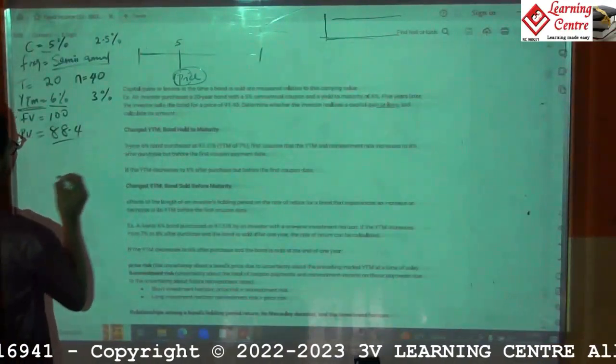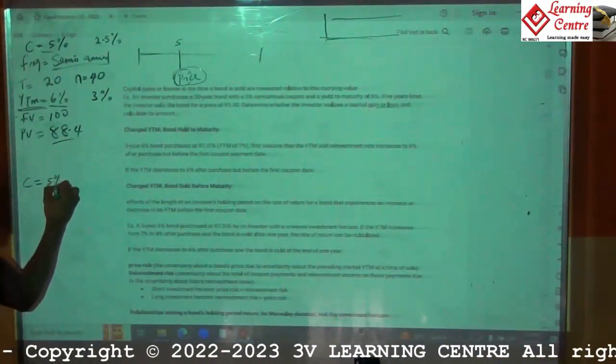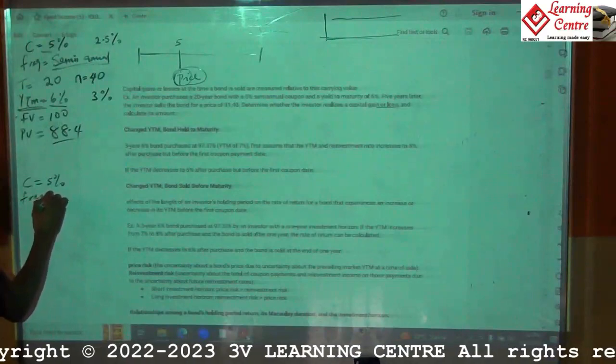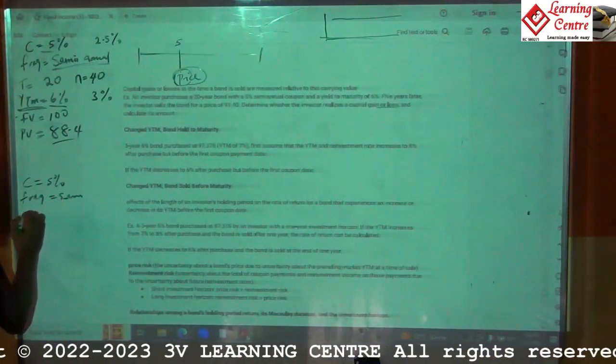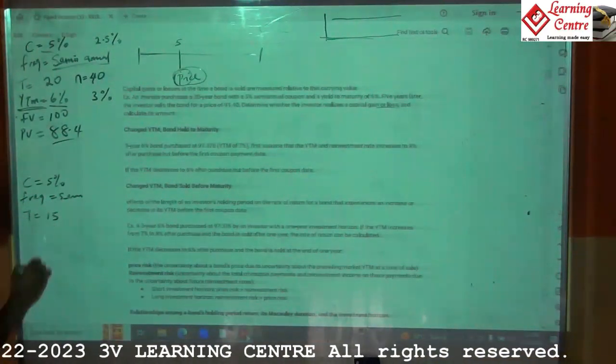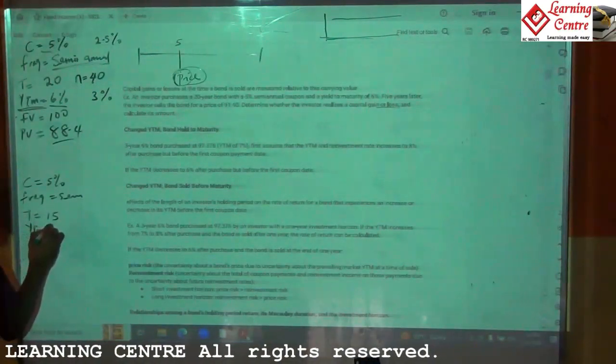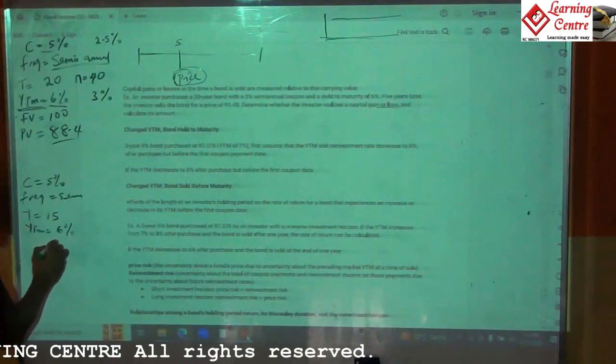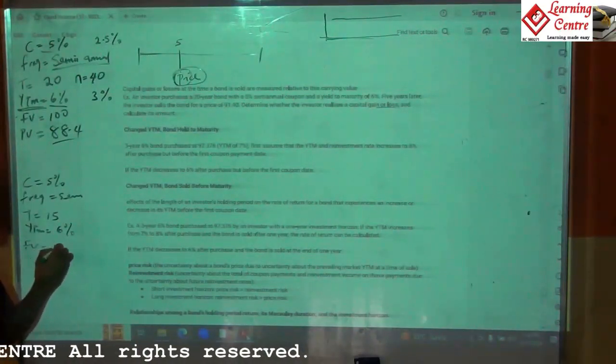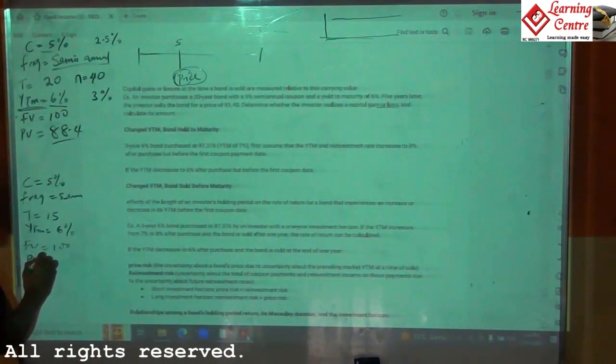So you have something like this: coupon 5%, frequency semi-annual, 10 years maybe. After 5 years, 6%, face value 100, what is the price?